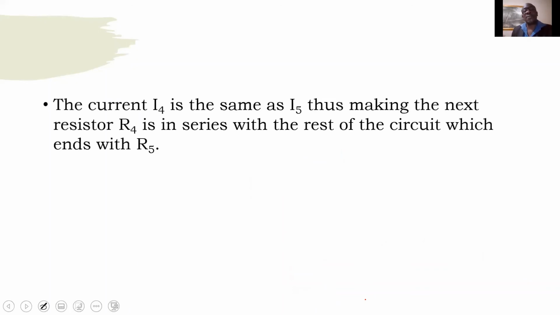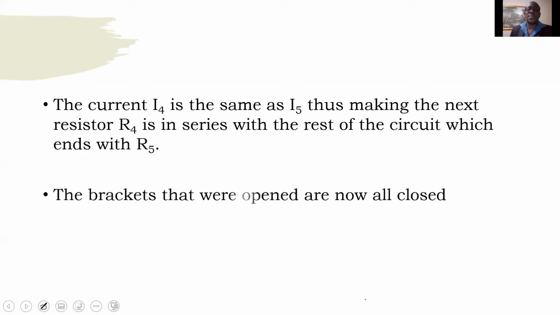Next. The current I4 is the same as the current I5, thus making the next resistor, which is R4, in series with the rest of the circuit, which ends with R5. So instead of putting another rest of the circuit after R4, because we are now at the end, we put the last resistor. So let's see how that looks.